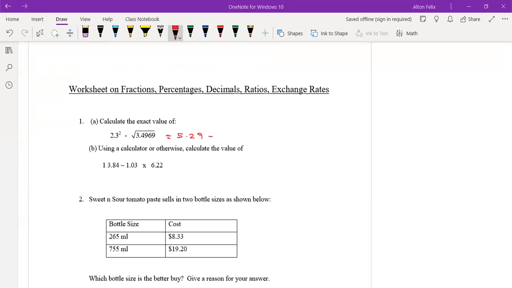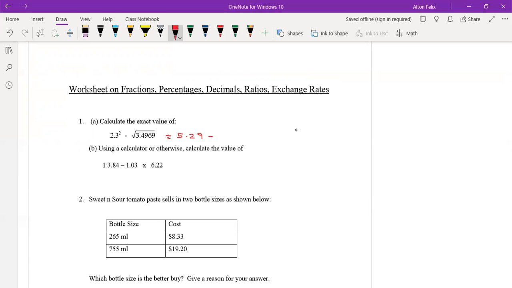Right, so we're going to work out the square root of 3.4969. Let's see if we can take the square root of that. All right, so that's 1.87.